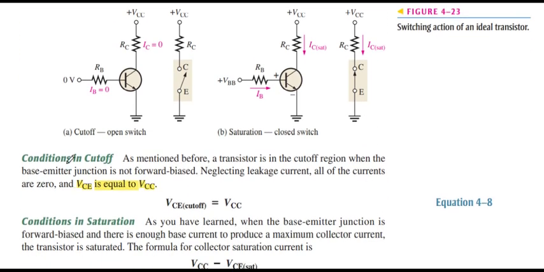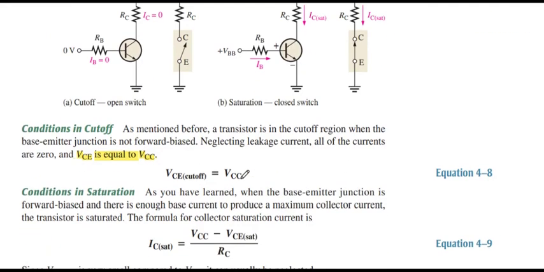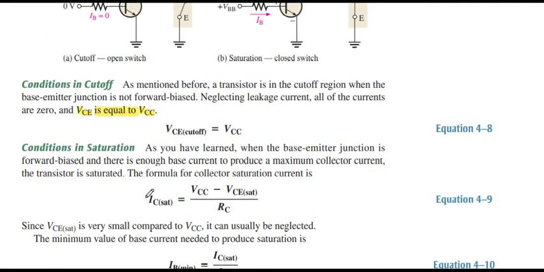What is the condition of the cutoff region? When IB is 0, VCE in cutoff is equal to VCC. Same in the saturation region, VCE is very small as compared to IC, the saturation current.